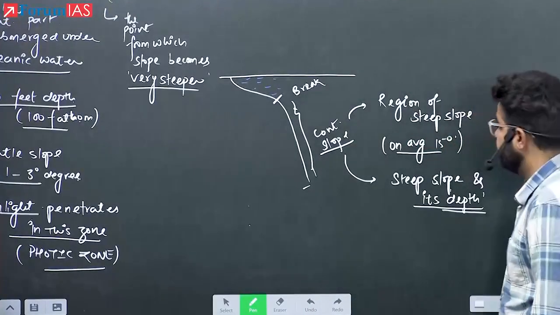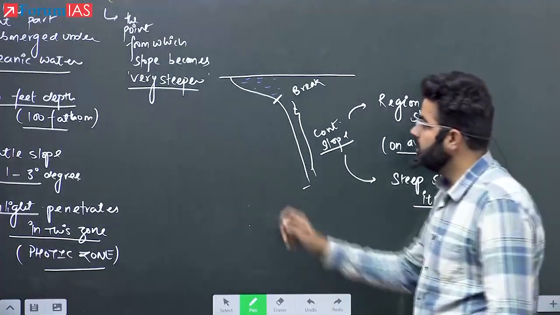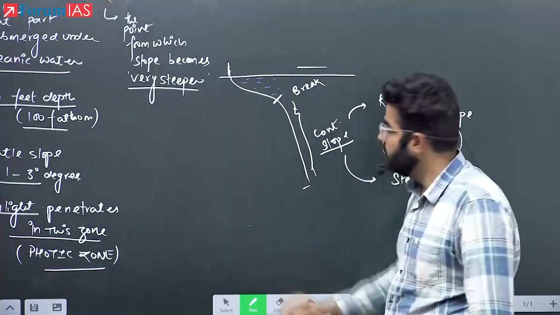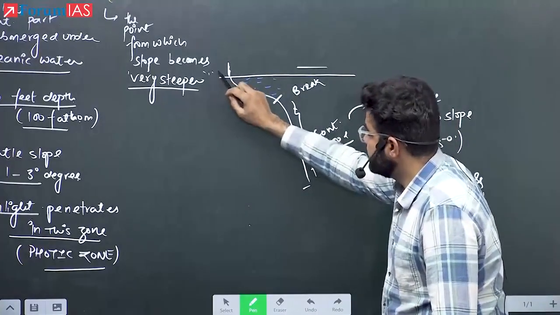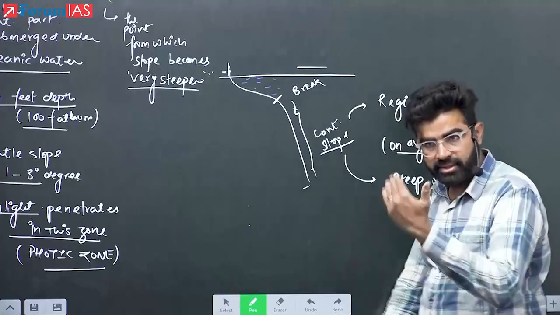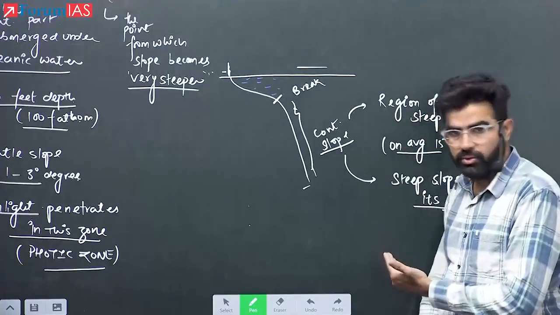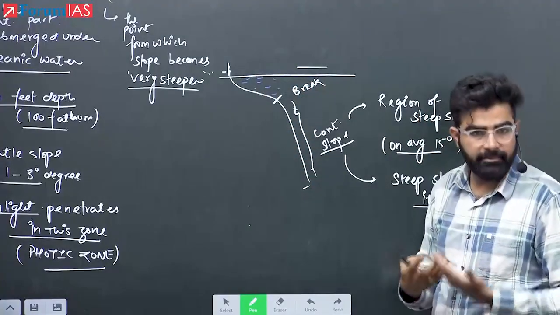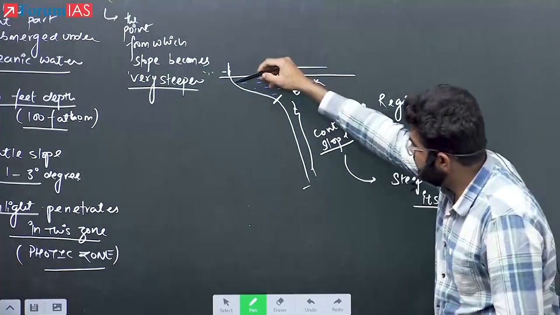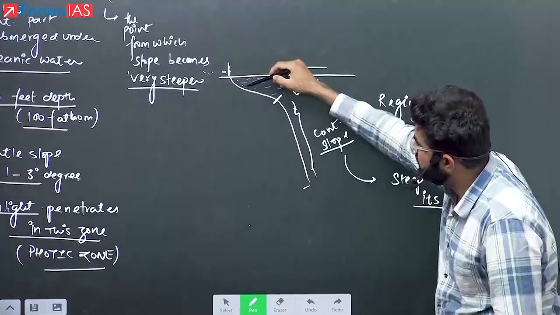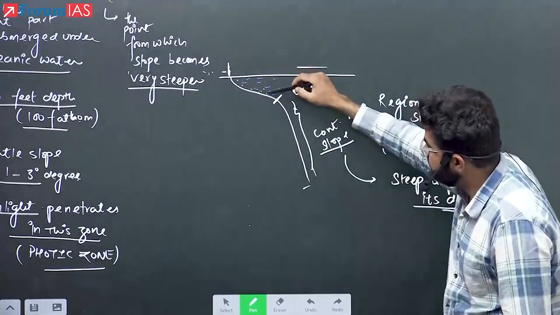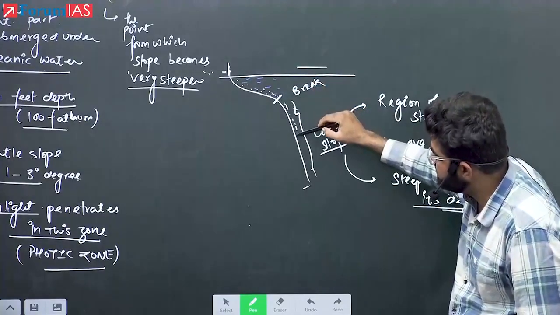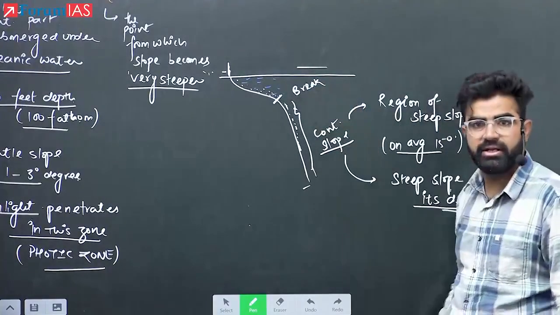Right? Now tell me, this was the continent. This is continent, and here it is ocean, right? Now, most of the rivers which are coming from the continental area, they will drain into the ocean. Yes or no? Yes. So they are also bringing sedimentation with them, right? Now, when they are deloading their sedimentation here, these sediments will not be able to sustain themselves on this slope because it is very, very steeper.